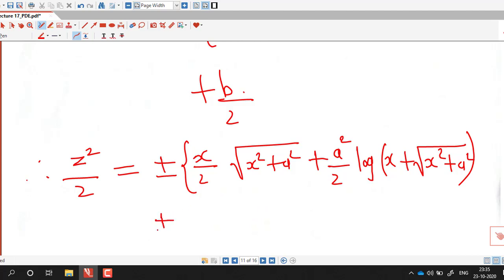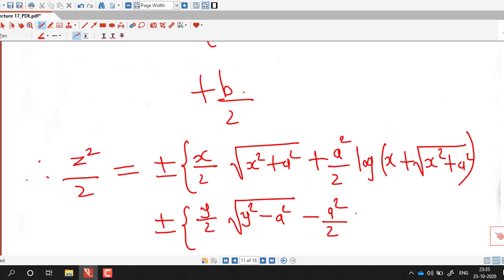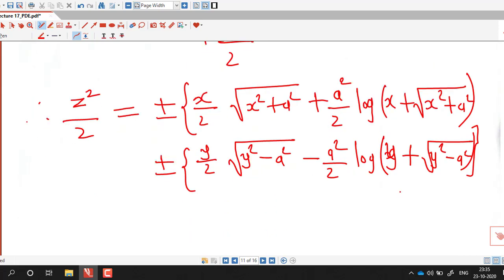Plus or minus y by 2 under root y square minus a square minus a square by 2 log of y plus square root of y square minus a square plus b, where a and b are arbitrary constants.